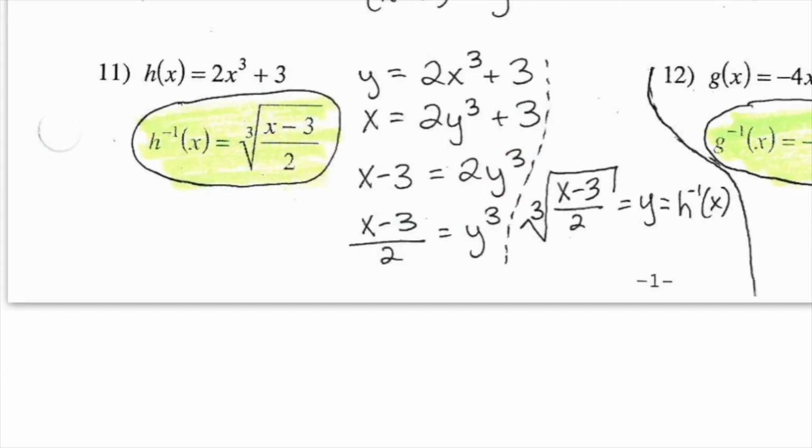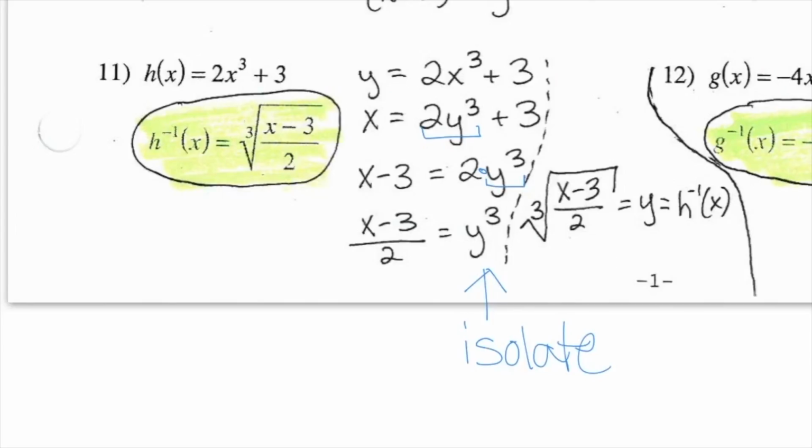As we're looking at layers to get to y, we first need to get that term that y is in alone, and then we need to get just the exponential part that y is a part of. The 2 is being multiplied, so I'm going to divide by it. Once my y cubed is alone, and only at this point, you guys, only once your y cubed is isolated, can you go ahead and take the cube root.